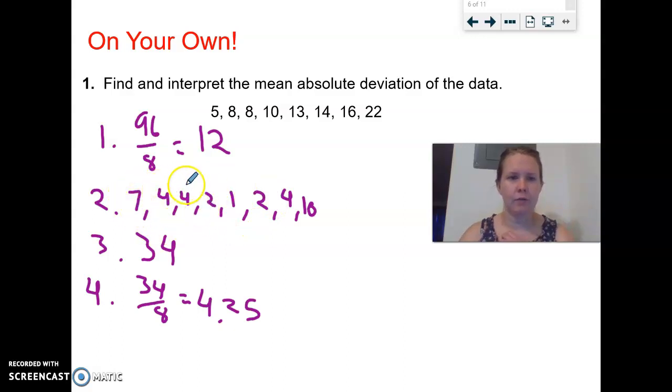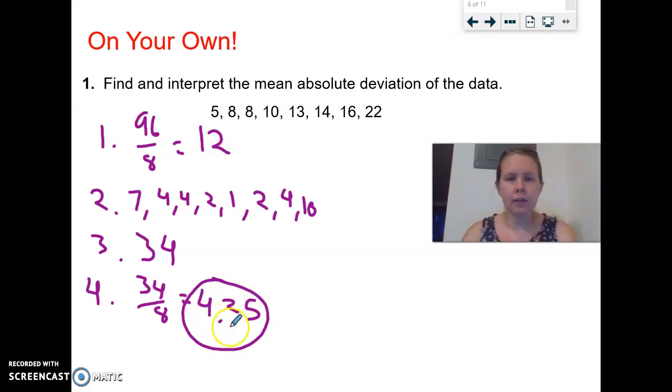So I added the 7, 4, 4, 2, 1, 2, 4, 10. I get 34. And my last step is to take that 34 and divide it again by the original amount of numbers. We haven't changed the numbers. Numbers are still 8. So I'm taking this 34, dividing it by 8, and I get an answer of 4.25.